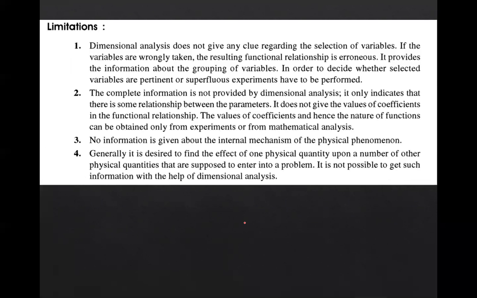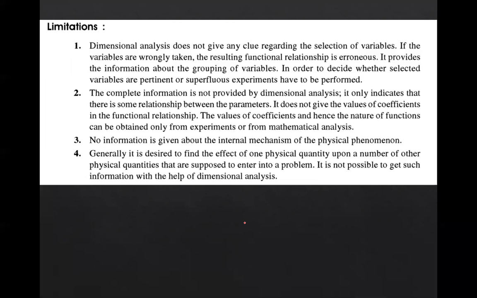It only indicates that there is some relationship between the parameters. It does not give the value of the coefficient in the functional relationship; the coefficient and hence the nature of the function can be obtained only from experiments or mathematical analysis.